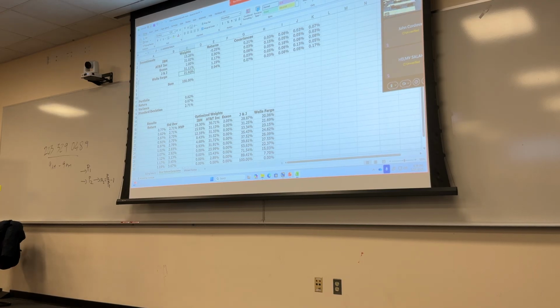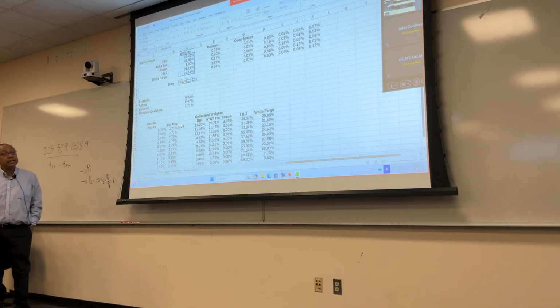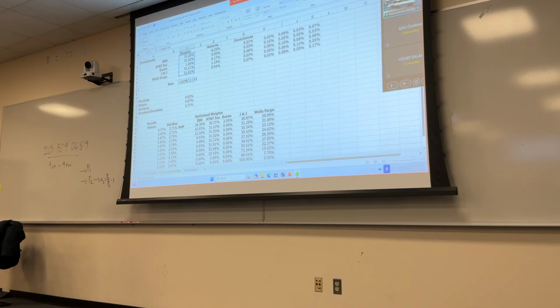So we're going to work this one column at a time, as you can tell. You do need to sum these weights. So here's a cell that will include the sum of the weights. You use the sum function.